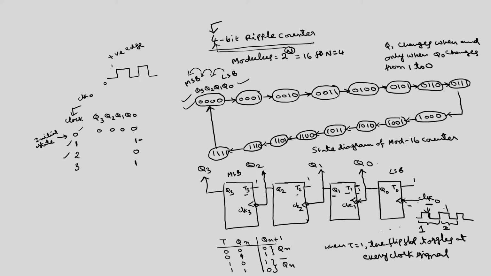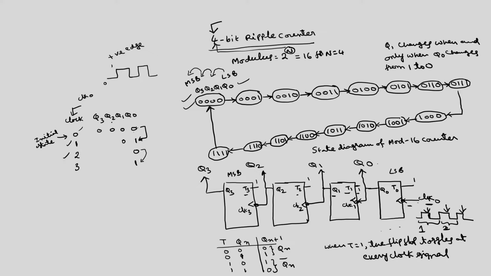Again at this particular point Q0 changes from 1 to 0, and so on. Whereas the condition for Q1 to change is that Q0 has to change from 1 to 0. Here Q0 has changed from 0 to 1, so it remains in the same state.